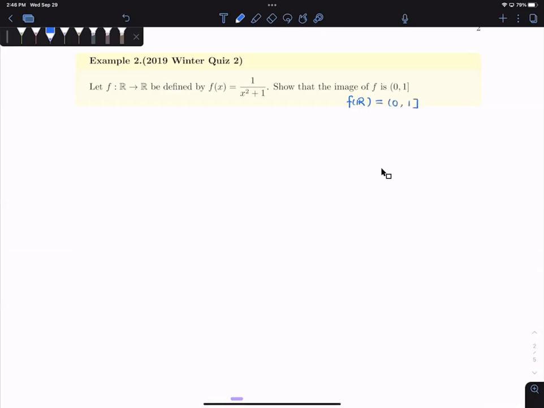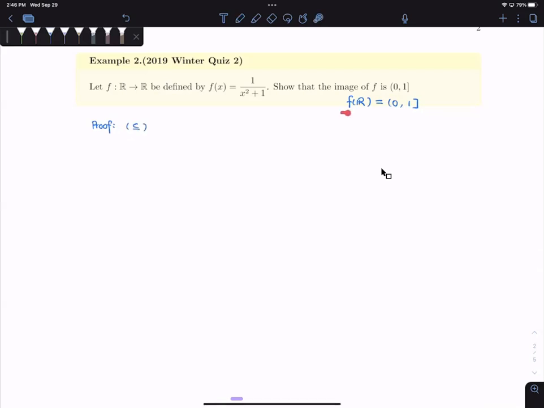And to show two sets are equal, what do I need to do? Subsets, exactly. You prove they are subsets of each other.